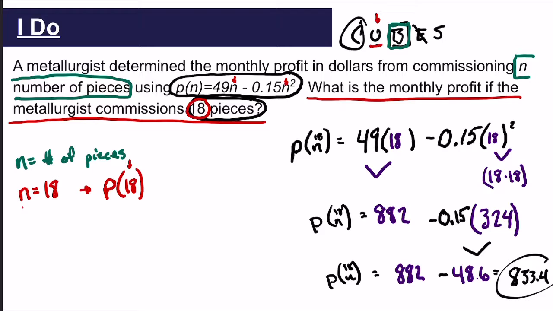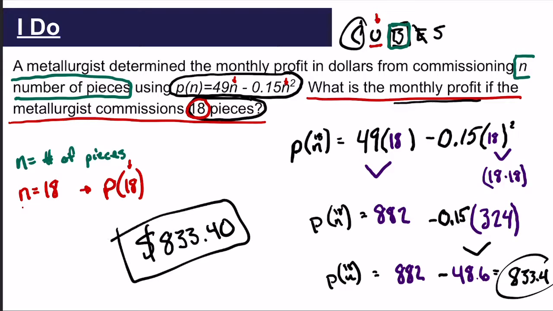So what is the monthly profit? Profit is money. Our answer is that this metallurgist is going to make $833.40 for the monthly profit.